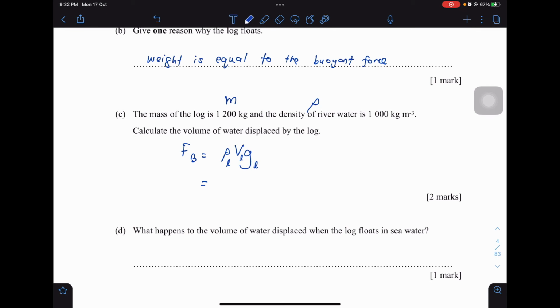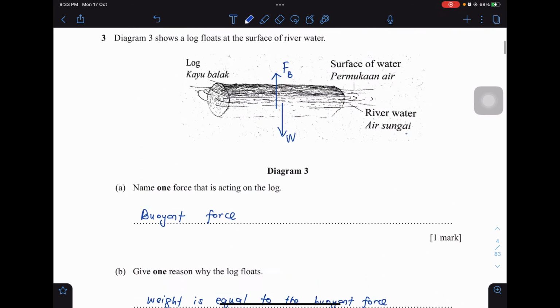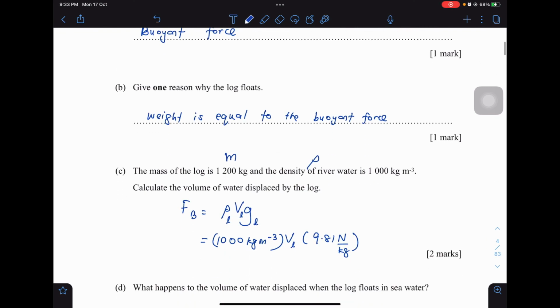So what's the density? 1000 kg per meter cubed. The volume is the one we want. g is 9.81 newtons per kg. And the buoyant force, do we know it? What's the buoyant force?